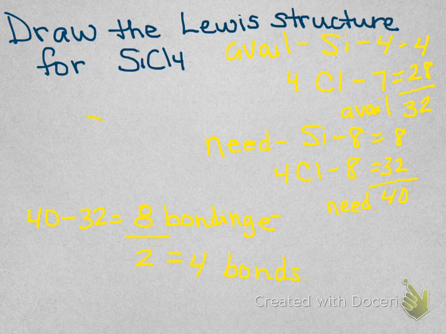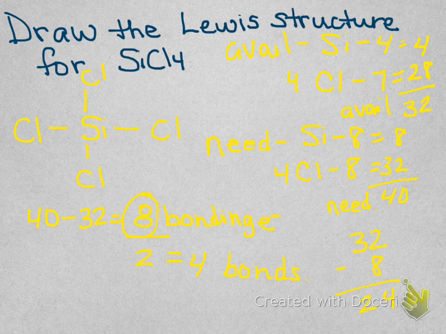So if we're going to draw our silicon in the middle, we're going to put a chlorine on each side. We need 4 bonds. 1, 2, 3, 4. How many lone electrons do we have? Let's see, we had 32 available minus our 8 bonding electrons. So 32 minus 8 is 24, right?